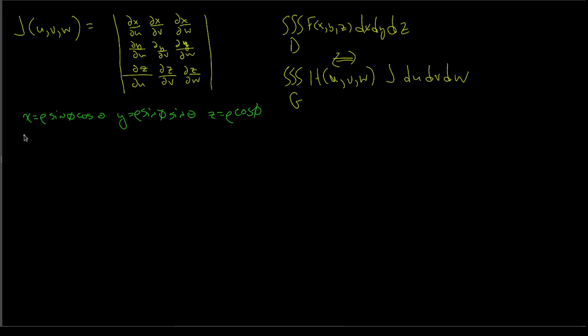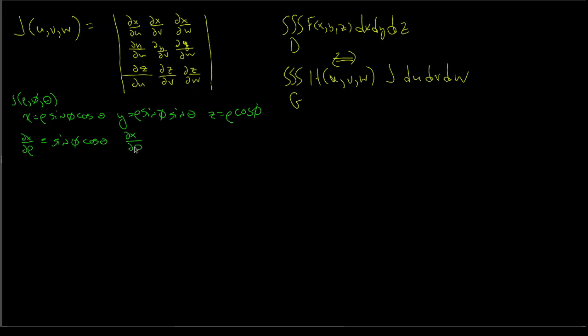So we'll look for our partial of x with respect to rho. The Jacobian we're going to look for is in rho, phi, and theta. So x with respect to rho is sine phi cosine theta.